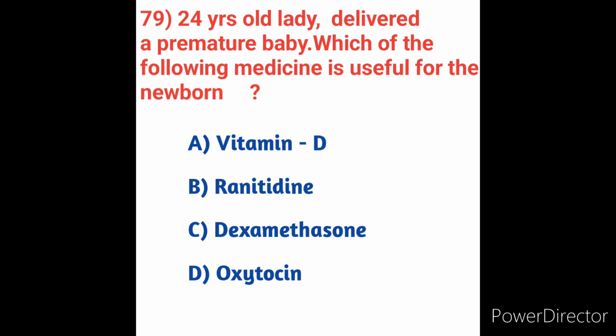Here, what is a premature baby? We have to know. A premature baby is a birth that occurs before 37 weeks of pregnancy. In this situation, for the premature baby, we have to administer dexamethasone.